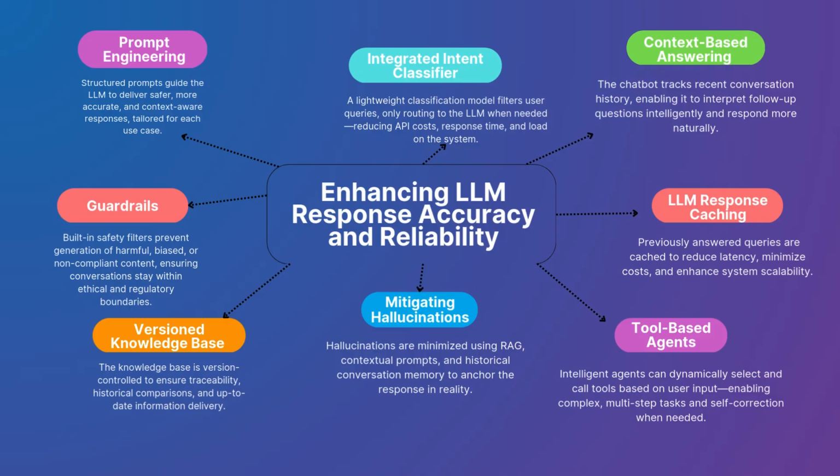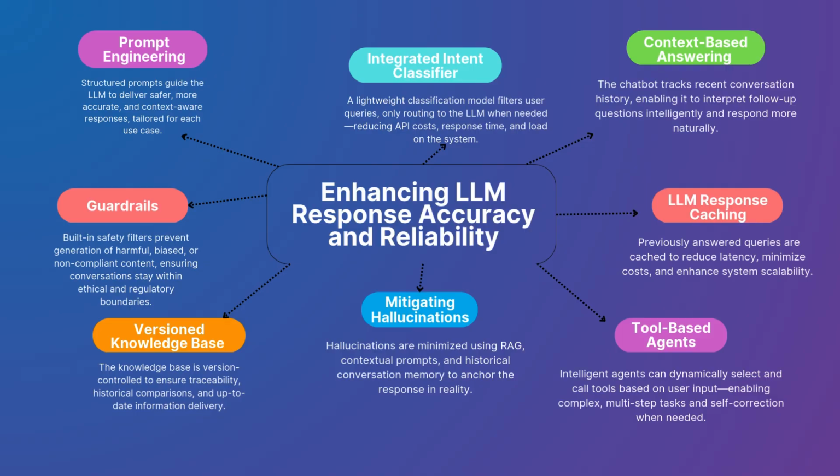Guardrails provide essential safety boundaries, automatically filtering out biased, non-compliant, or harmful content, thereby ensuring all interactions remain ethical and within policy frameworks. We also maintain a versioned knowledge base, allowing for traceability, historical tracking, and consistent delivery of the most current information. In addition, an integrated intent classifier ensures that only relevant queries are routed to the LLM, significantly reducing latency, API costs, and system load.